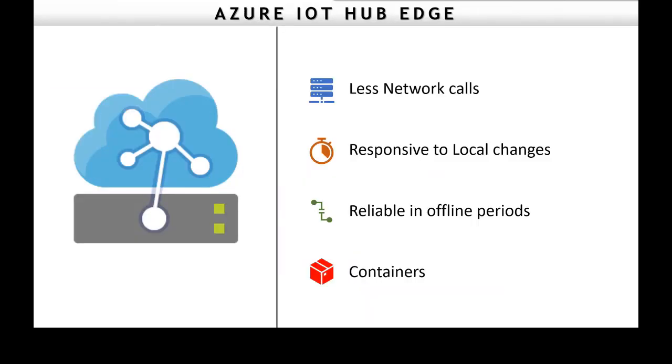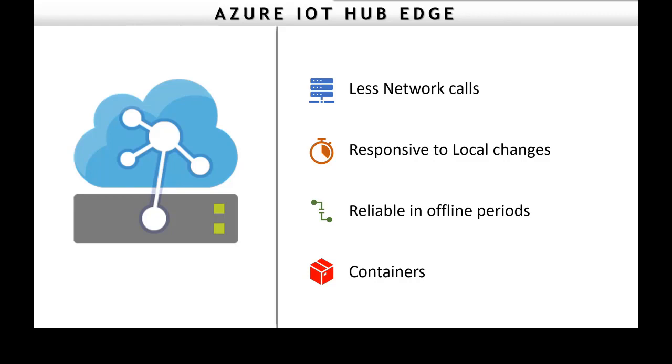Another feature or option is Azure IoT Hub Edge. When we talk about edge computing, what we are saying is, rather than sending every message to Azure IoT Hub and maybe waiting for a response, we are giving more responsibility to our device.